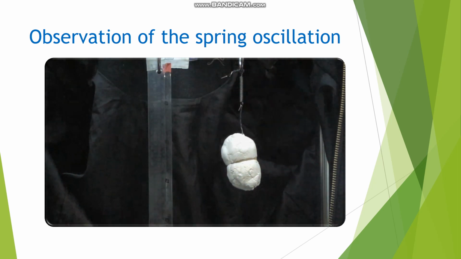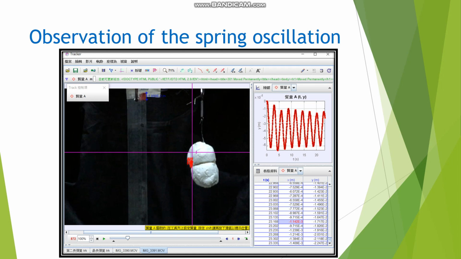Okay, after recording the video, I use Tracker to analyze it. Using Tracker, you need to put a cross to act as its axis, and you need to put a reference length as I put here, though it's not that clear.